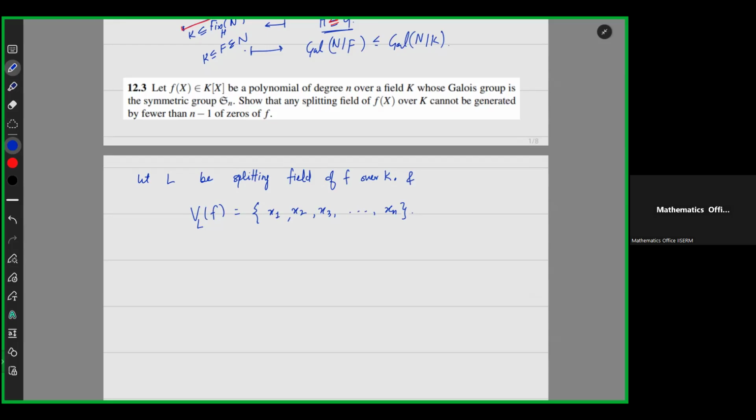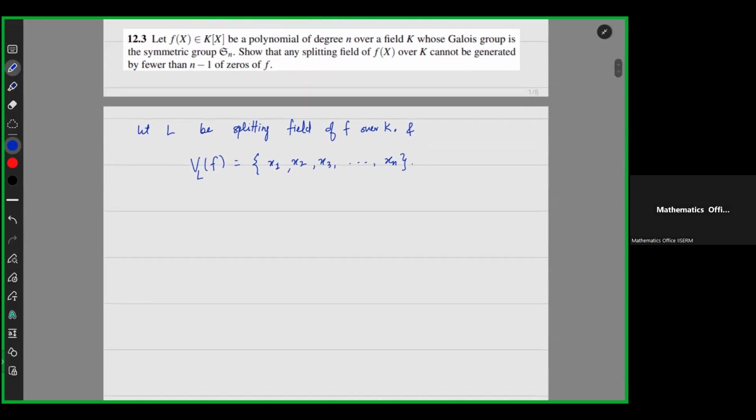So here it is not given whether F is separable or not, but let's see. Assume, if possible, that L is generated by fewer than n minus 1 zeros, let's say n minus 2 elements.